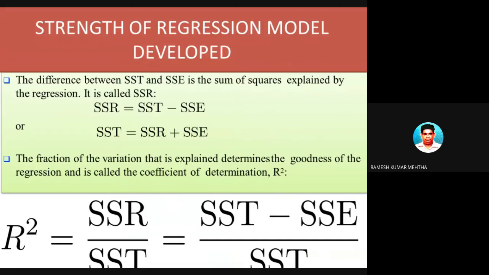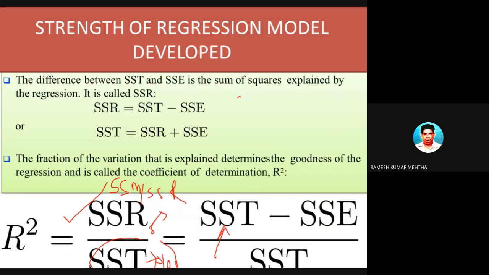So R square is equal to sum of squares of regression by sum of squares of total. Hope you remember this. This should be high out of this. For example, if this is 100, it should be 80. Now how do I get this? Just SST minus SSE.